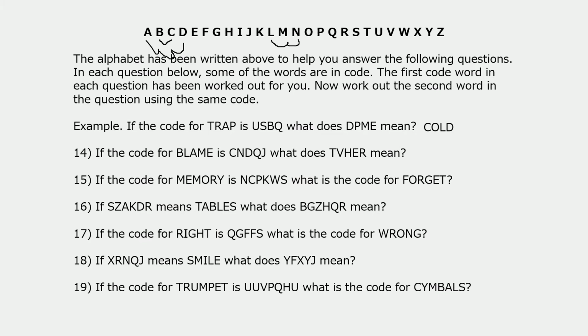M to Q, 1, 2, 3, 4. And E to J, 1, 2, 3, 4, 5. We can see now that each letter has been moved up one more than before.